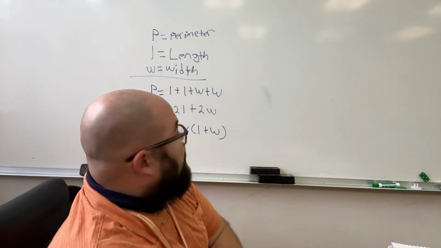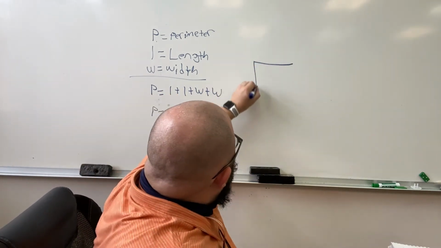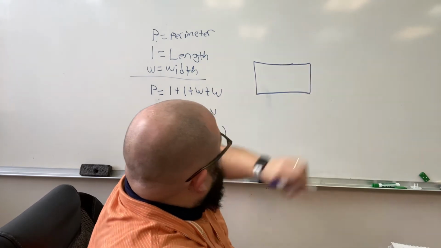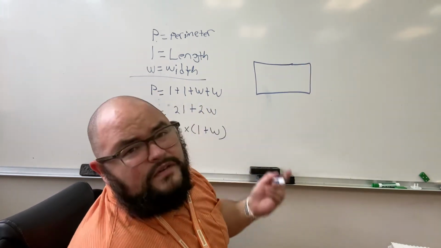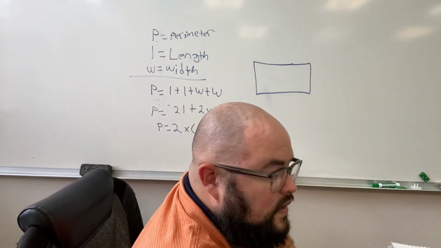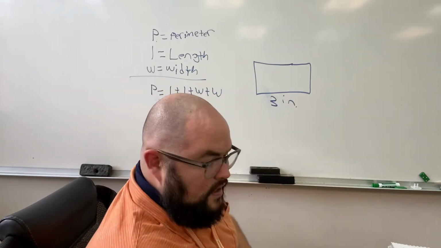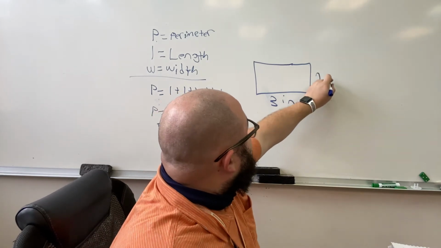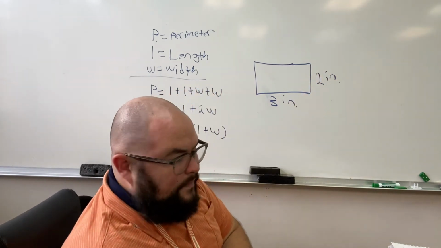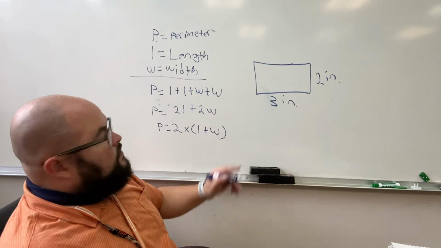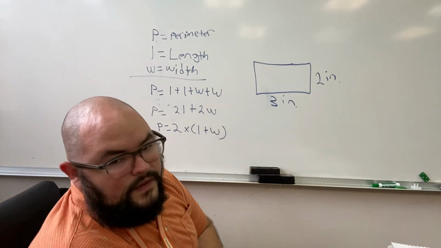So we have our rectangle here. I should have been an art teacher. I'm wonderful, aren't I? I know. Let's make this one 3 inches. And let's make this one 2 inches. Okay? Which formula can we use? Which one do you want to use?